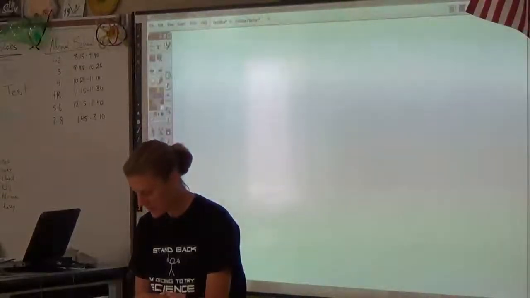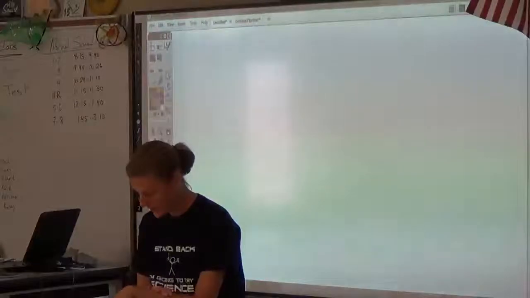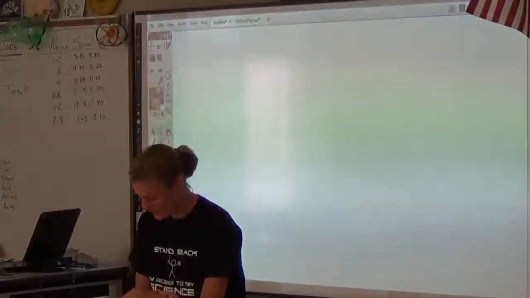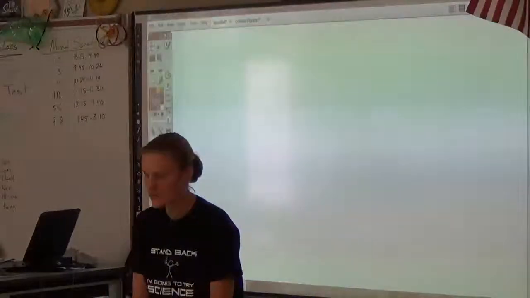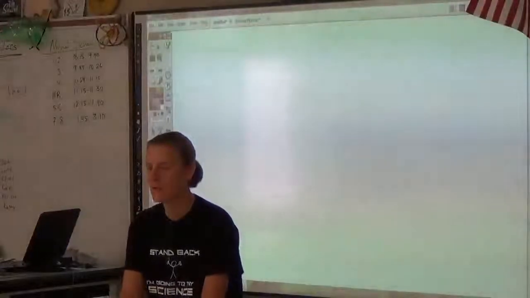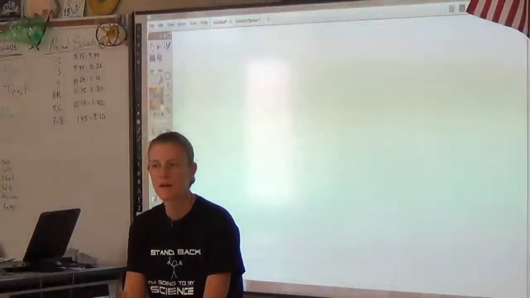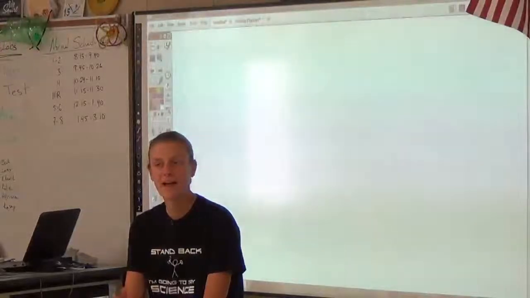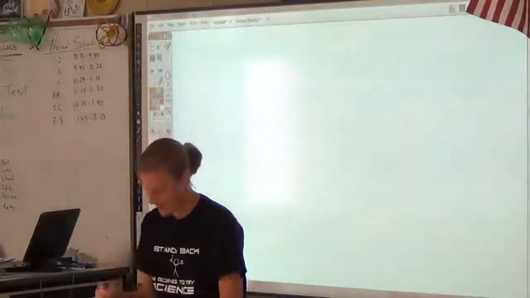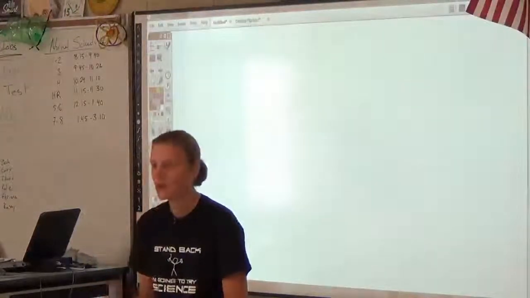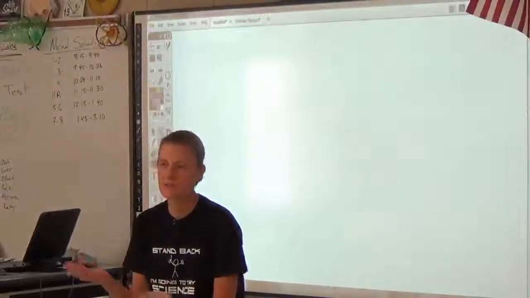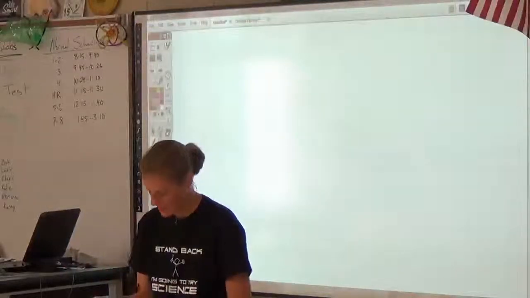During this round trip, when is the tension in the cable equal to the weight of the elevator and the passengers? When they're moving upward at a... what? Or downward at a constant velocity. Yes, at a constant velocity, or when they're at rest, because that would be constant velocity too.